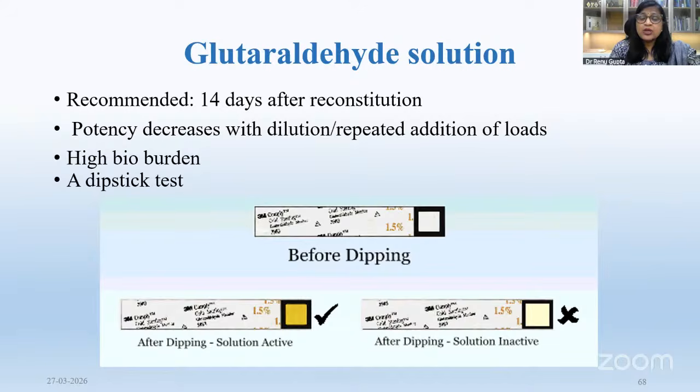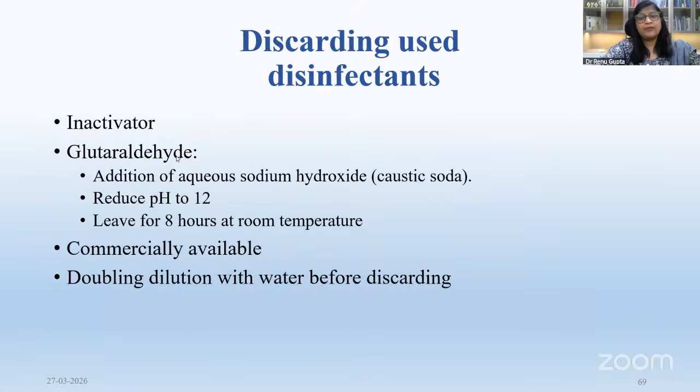The manufacturer says you can use our glutaraldehyde or Cidex for 14 days after reconstitution. But in reality, it depends upon how many instruments you are putting inside. If you are putting too many instruments, they are dirty, they have organic load, your glutaraldehyde may become ineffective just after 7 days. So you may have to change it much earlier. So they help us in checking whether our solution is working or not.